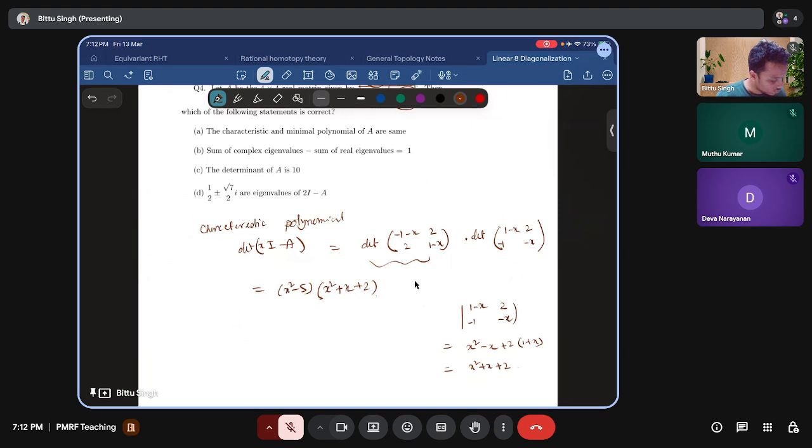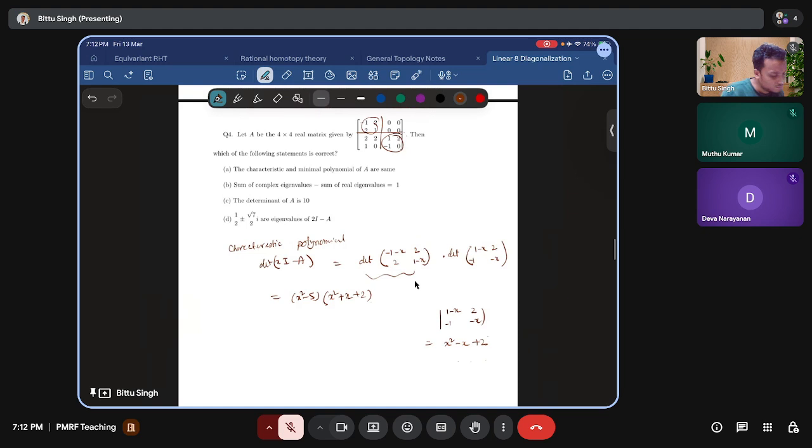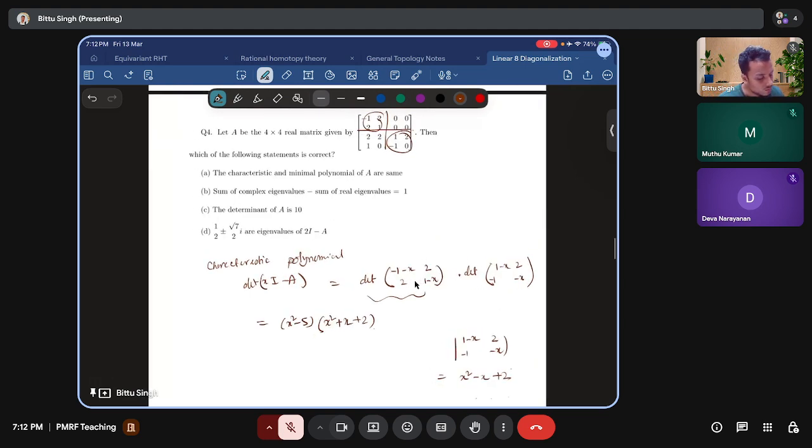So it is x square minus x plus 2. Okay, but we are getting the same thing. So the characteristic and minimal polynomials are the same.